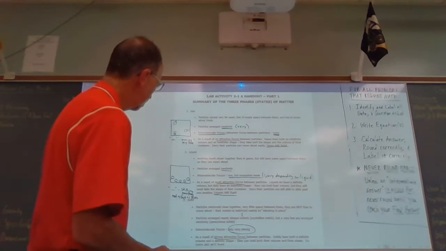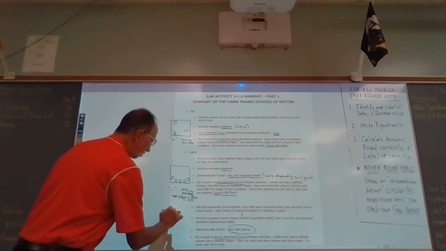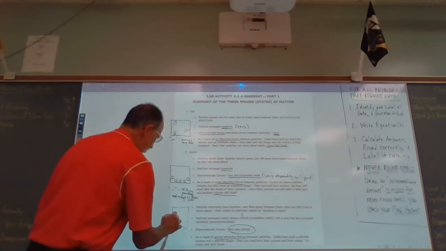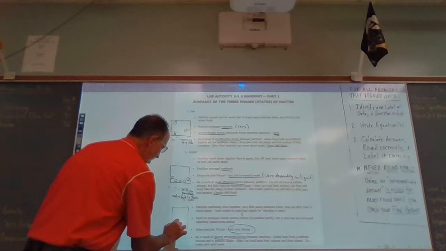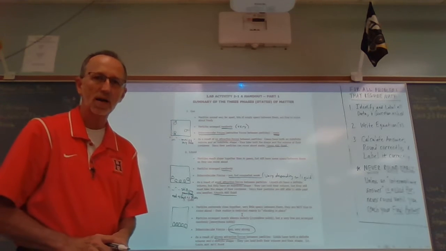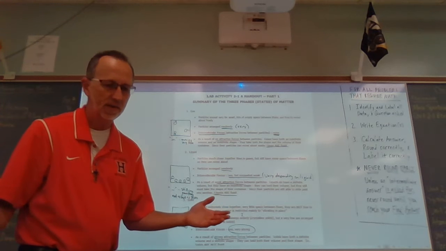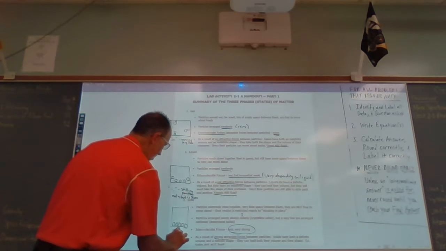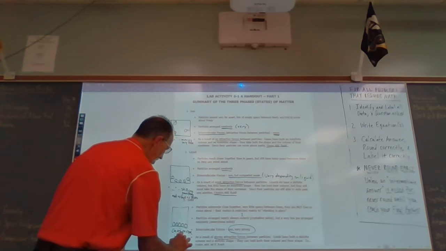Now, if I was going to draw a particle diagram of a solid, of course we've done this before, they're very close together. I'm not even going to put a little tail or bar on them because they don't have the ability to move anywhere. They just basically vibrate in place. They can't move freely.